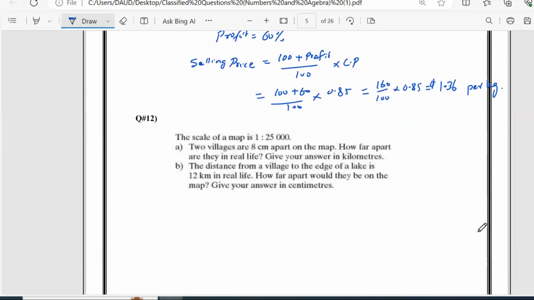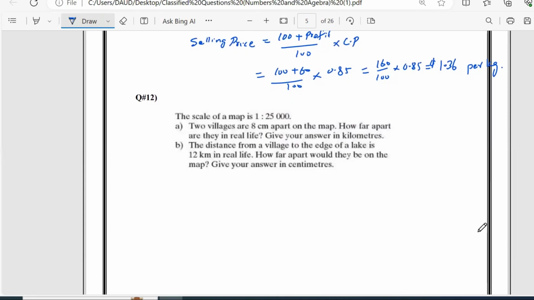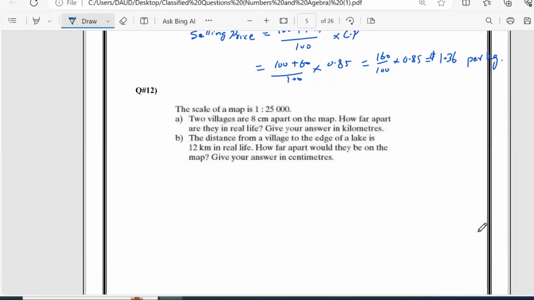Next one, the scale of a map is 1:25,000. Two villages are 8 centimeters apart on the map. How far apart are they in real life, or in actual? Give your answer in kilometers. So on the scale we have two things, map to actual.